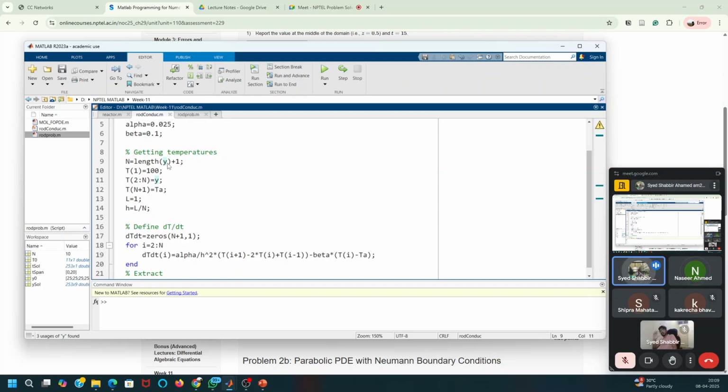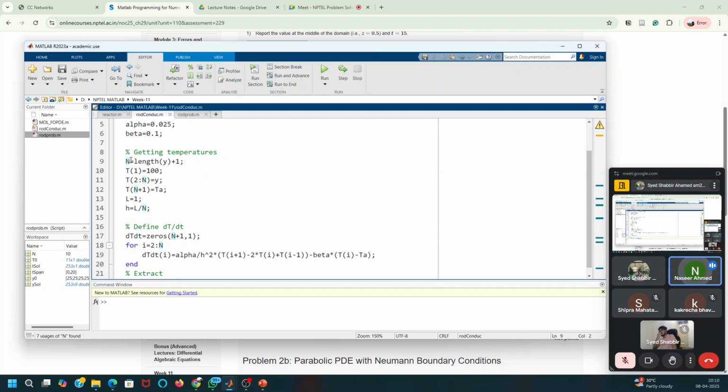It doesn't have T1 and Tn plus 1. So if you add plus 1 to it, then it will give the number of segments. Basically, if you have n plus 1 nodes, you will have n segments. So this n is nothing but the number of segments, the number of intervals.